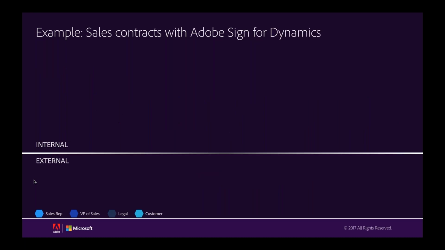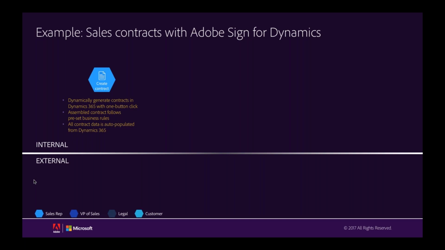So now you take a look at, well, what could we potentially do if we had the right digital document solution and the right workflow? What's happening is that you're creating a contract, but you're doing that really just relying on all of the data that you already have in Dynamics 365 in this sales example.